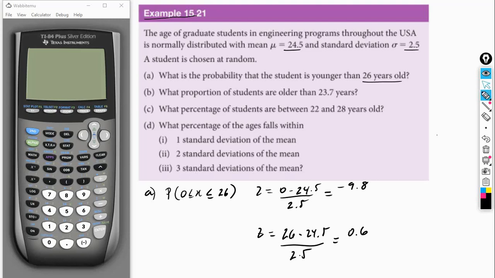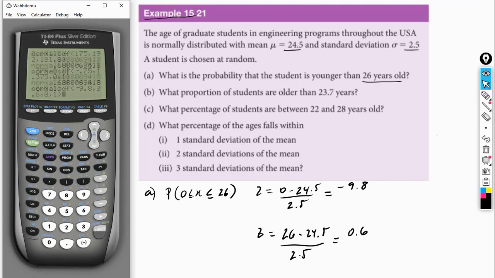So we're ready to use the calculator. We would go to second function, vars, and number 2, normal cumulative distribution function. So let's recall that the first thing we type in is going to be the lower bound, so minus 9.8. Separated by a comma, we write the upper bound, which is going to be 0.6. The mean, when it's standardized, is 0, and then the standard deviation is 1.